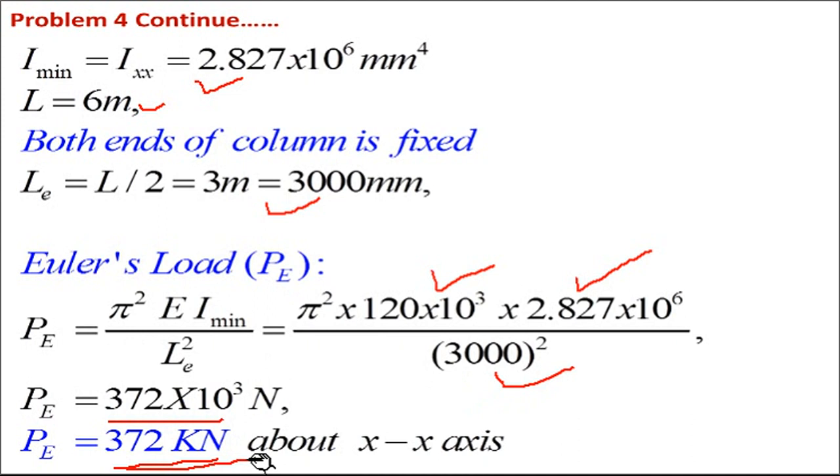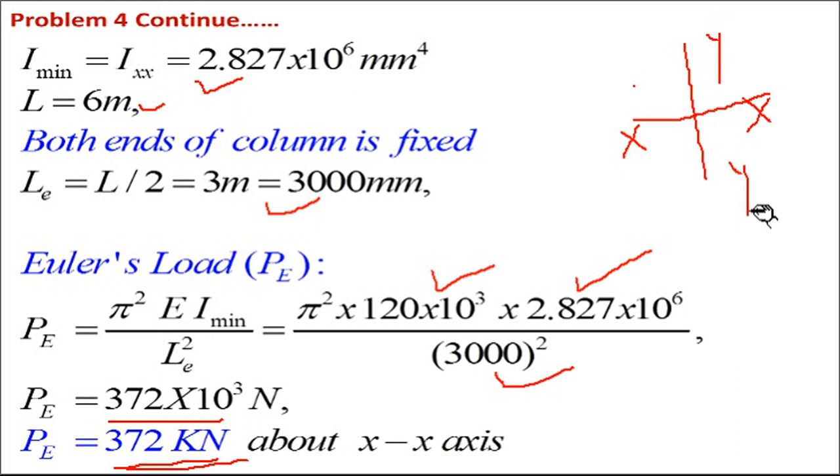So here, about x axis means whenever the column is loaded about Ixx, it will carry this much of load. If you are taking Iyy here instead of I minimum, I have taken Ixx, you will get the load carrying capacity of the column about the y axis.